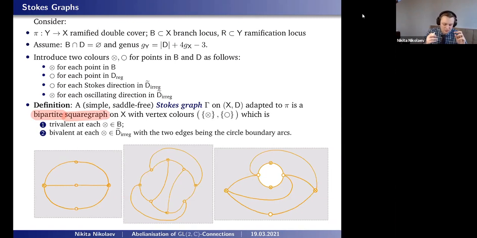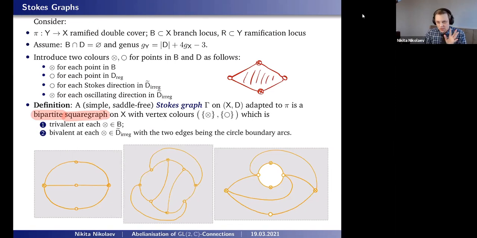And because it's a bipartite square graph, it always has 2 vertices of one kind and 2 vertices of another kind. So maybe I can draw. All the faces look like this. So they're quadrilaterals with 4 edges and 4 vertices, 2 of each kind.